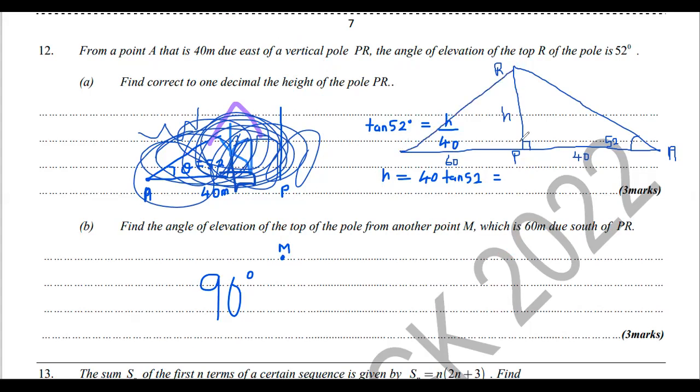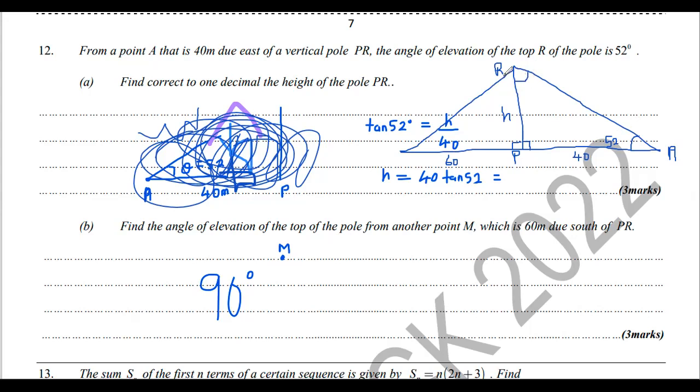This angle is still 90 degrees. So at this point I have to find this angle. If this angle is 52, then this angle will be 90 minus 52.